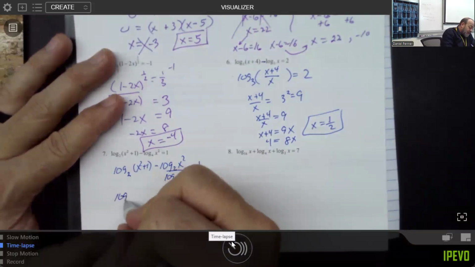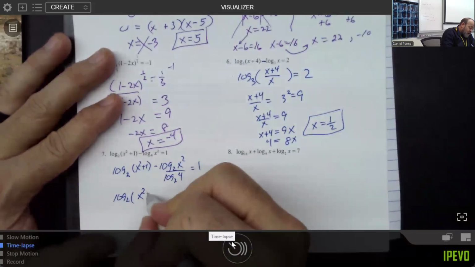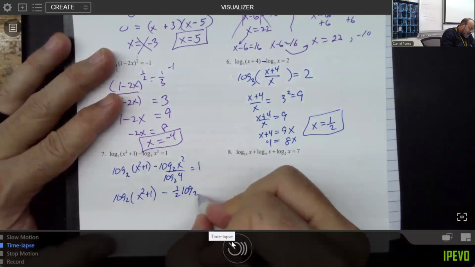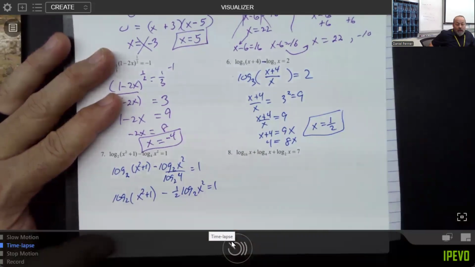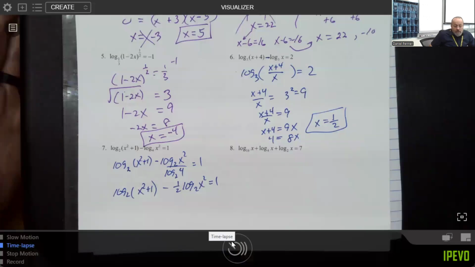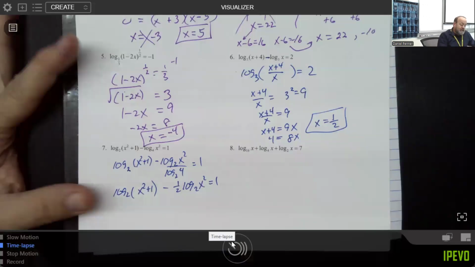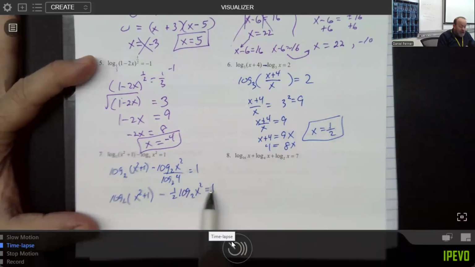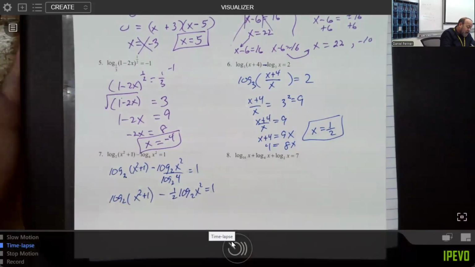So that means I have the log base 2 of x squared plus 1 minus a half the log base 2 of x squared equals 1. Now, this seems okay, but I'm still sitting in a weird spot where I would really like to condense it as a single logarithm so I could get rid of it. And I've got 2 logs and I got a coefficient. That's kind of terrible.